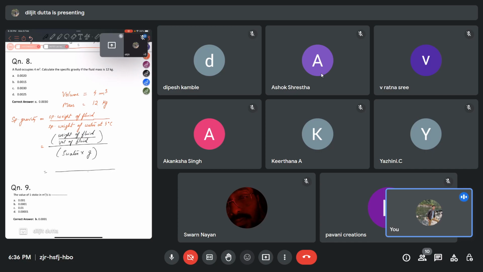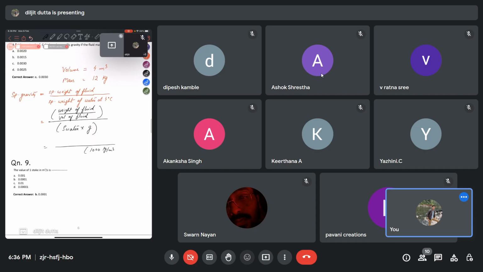So now, rho water is 1000 kg per meter cube, and g is 9.81. And now what is the volume of the fluid? Volume of the fluid is given as 4 meter cube. And what is the weight of the fluid? The weight of the fluid is given as m into g, mass into g.